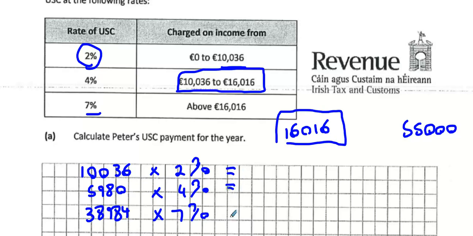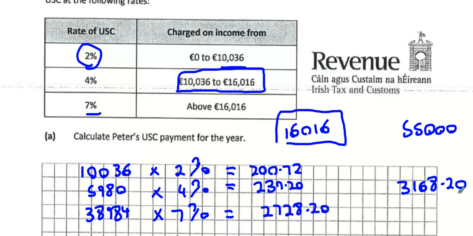Okay. You get 200.72, 239.20, and finally 2728.20. You get a grand total of 3,168.20. All right, that's part A.